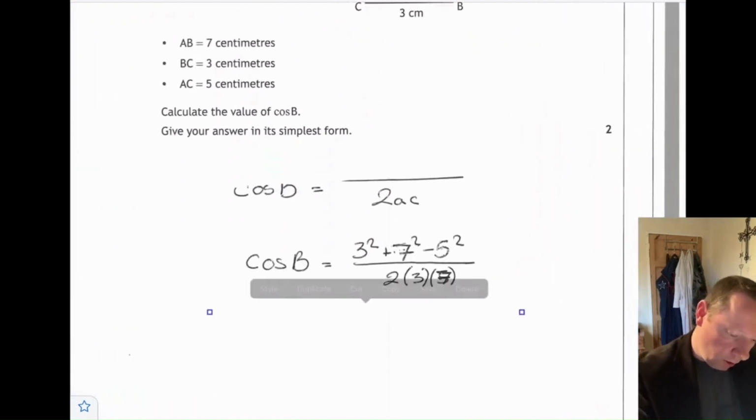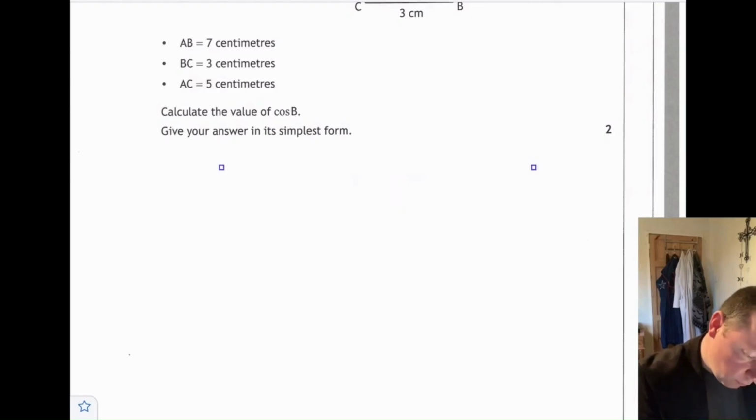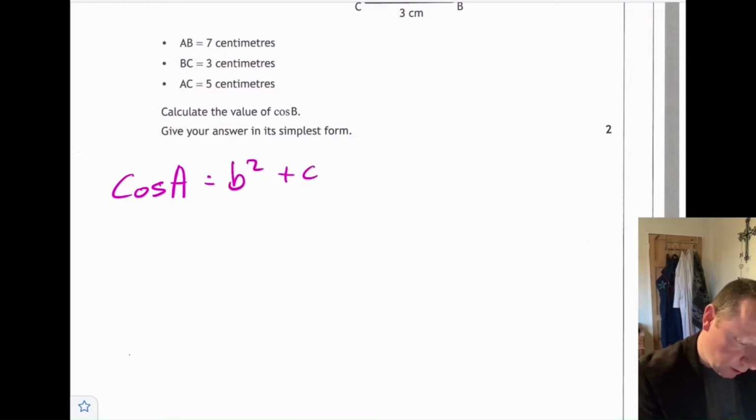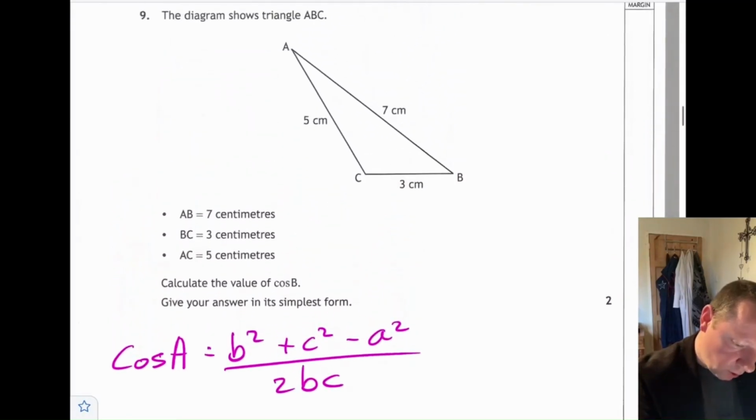So usually the cosine rule is written as cos A equals B squared plus C squared minus A squared over 2BC. And I'm looking for the value of cos B, which is here. So I'm just going to call that A, just to make that the one I want.